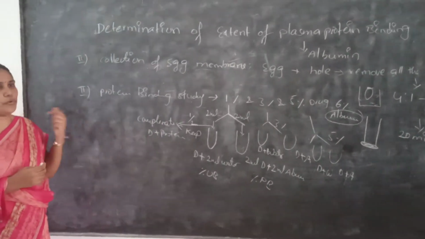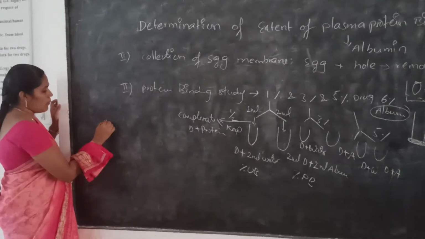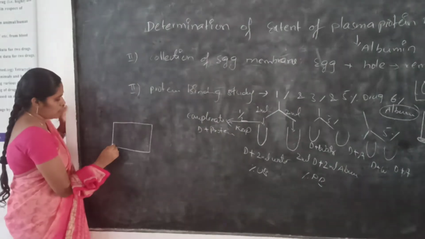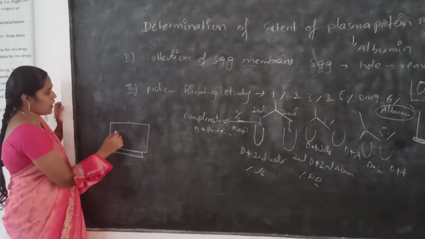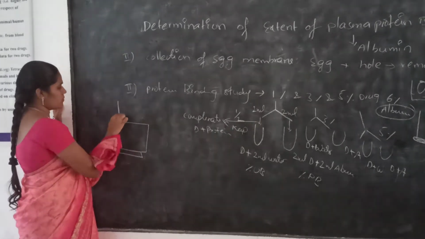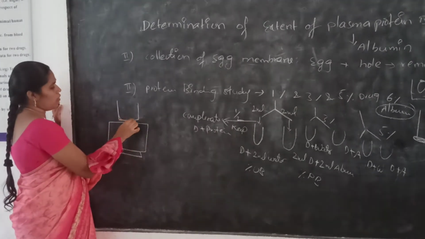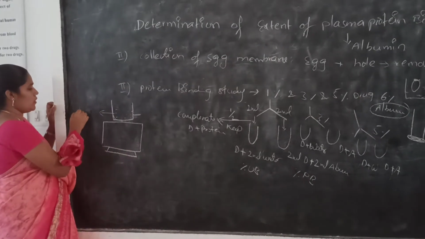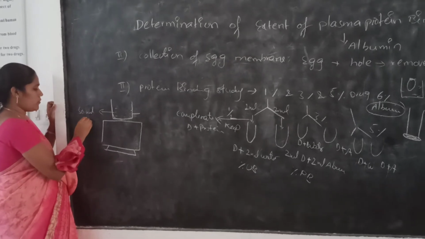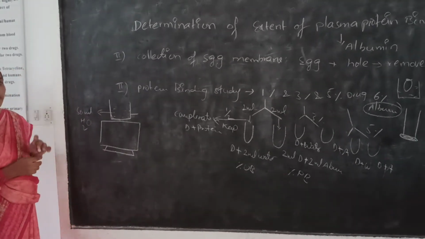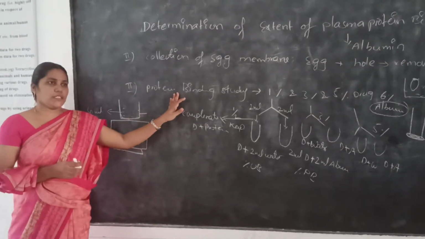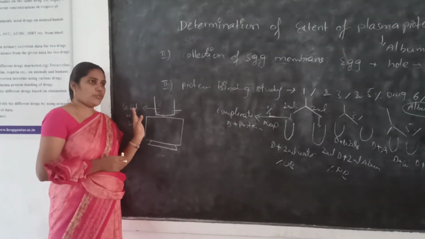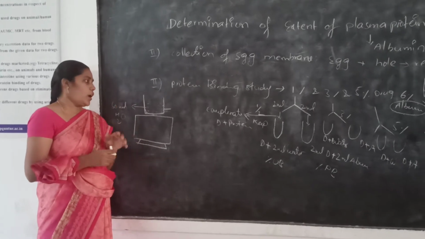For that diffusion study we need to take a magnetic stirrer and keep a beaker which contains 50 ml of dissolution medium, that is water.